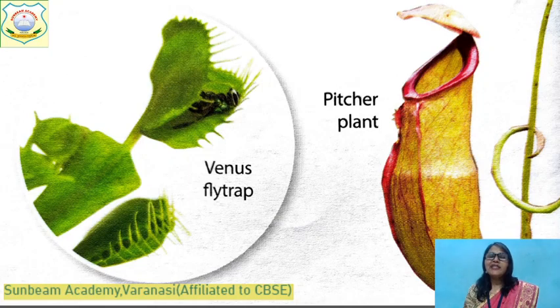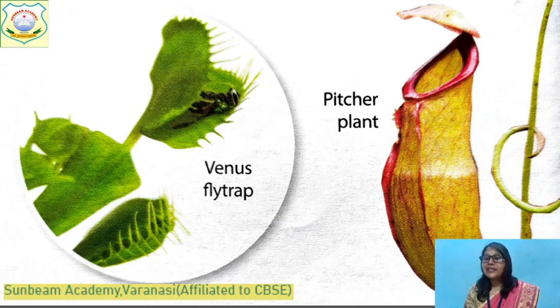The leaf is folded into equal two halves and it has a hair-like structure, and when insects come and sit on this hair, these leaves get folded and they eat the insect. Children, if in your exam, the pictures of such type of plants will come, you will be able to recognize? Of course, you will be able to recognize. So, read all the pictures of the lesson and what is the name.